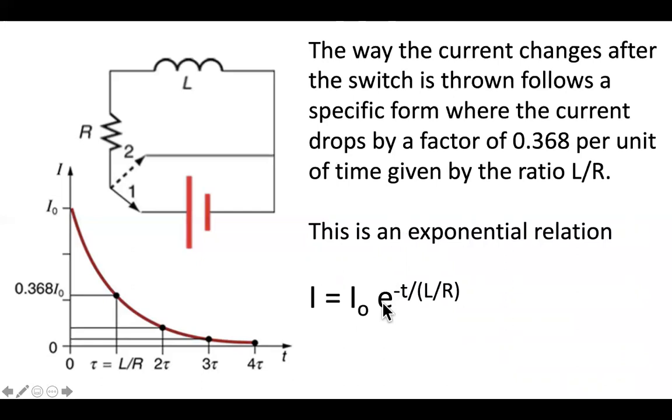It is that number raised to a power. It's raised to the ratio of the time t to this ratio L over R, which is a time constant. So it's t over tau, which is a unitless quantity. So this is the exponent, and you can plug in any time you want to get how the current falls. This behavior occurs also if you go the other way.